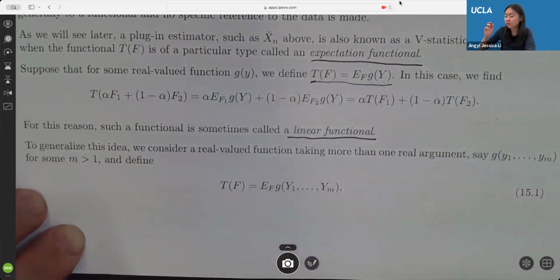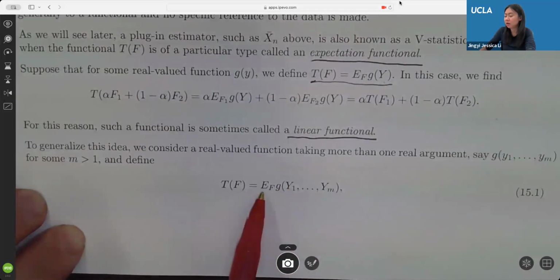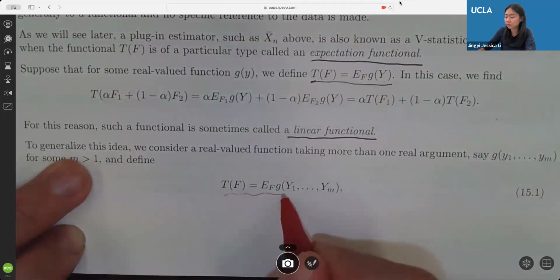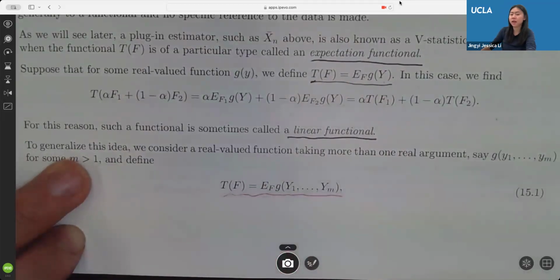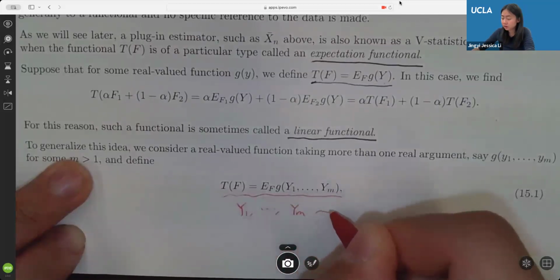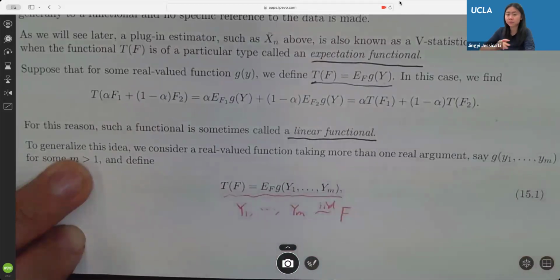So from now on, all the functionals we'll focus on are the expectation functionals, basically this form. So m copies from this F, so Y_1 to Y_m are IID from F.